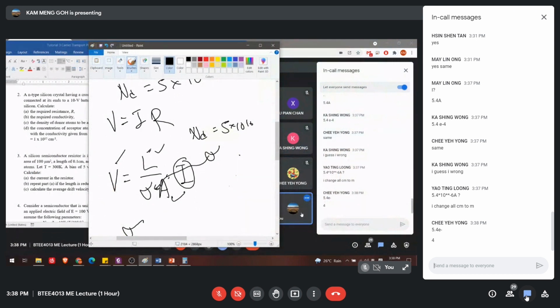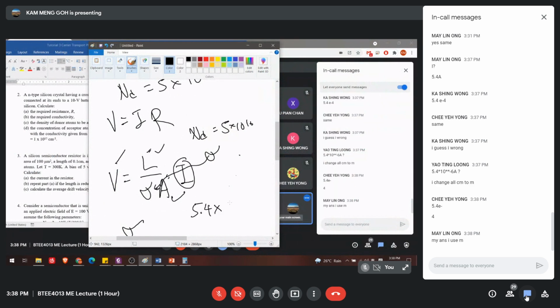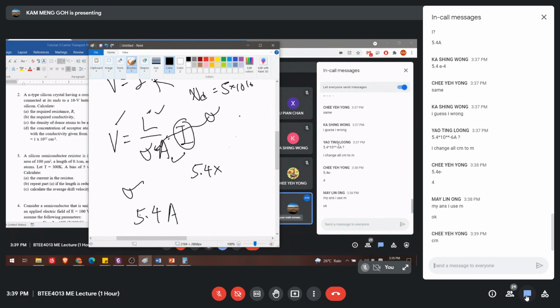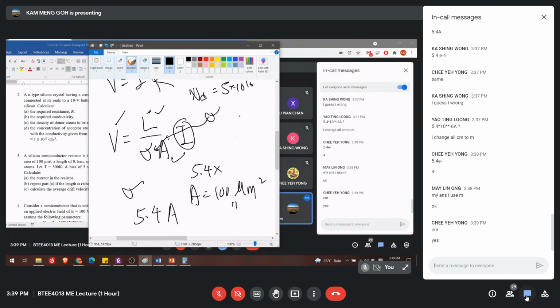So any other answer? 5/4 minus, no wonder. You must use cm, cannot use m. So Yong Qie, are you using cm or m? So this 5/4 is in cm. Your area also in cm. Have you changed to cm? Okay, then I think that should be the valid one, because the tricky part is there.